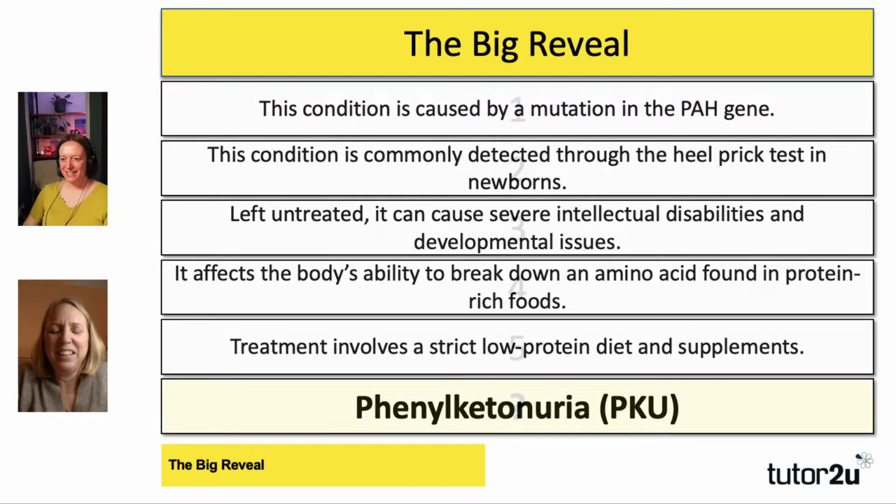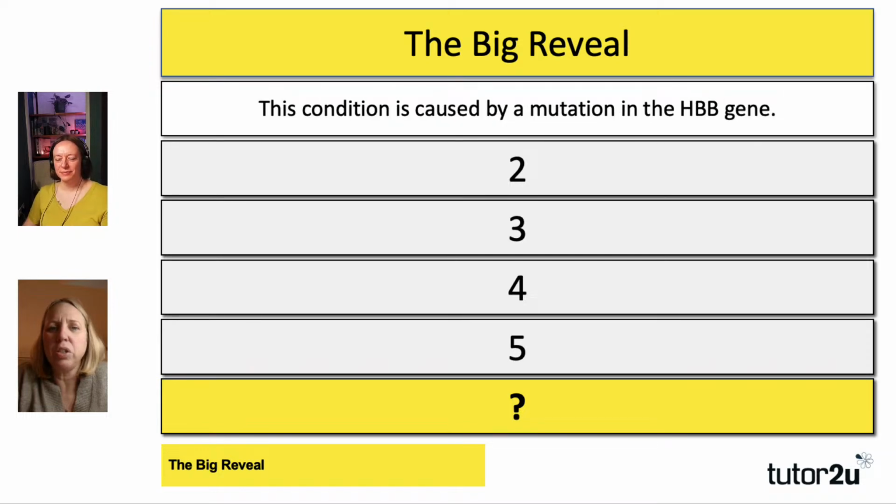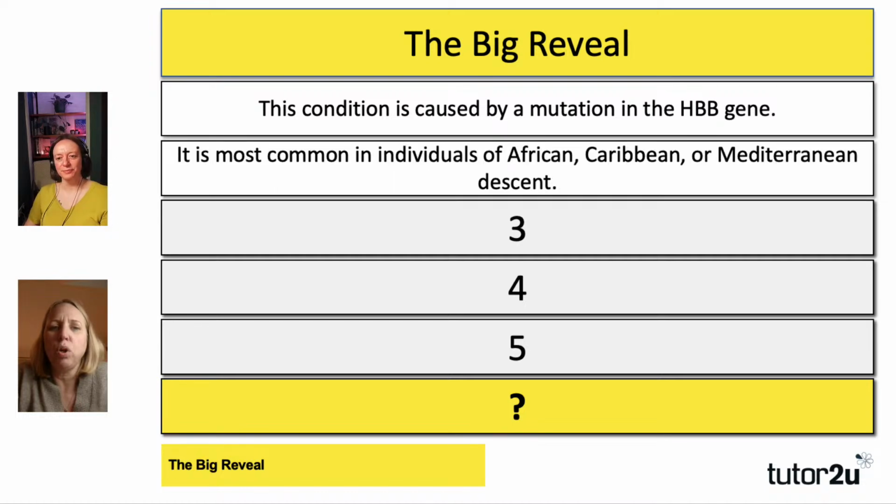Okay, let's do our next one. So another condition now. Okay, so this condition is caused by a mutation in the HBB gene. Okay, so another gene mutation. You might get it from this one if you know about HB. But let's move on to the next one. It's the most common in individuals of African, Caribbean, or Mediterranean descent.